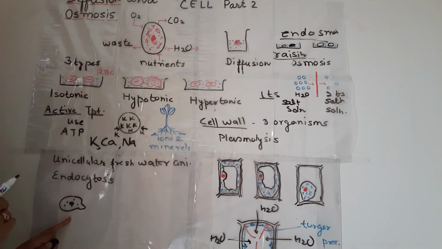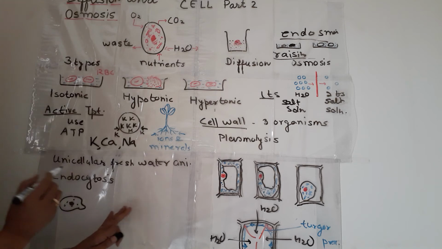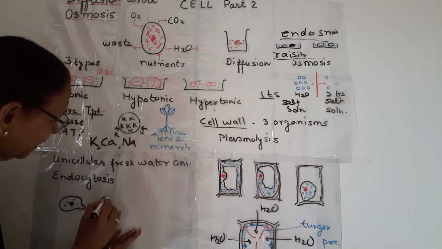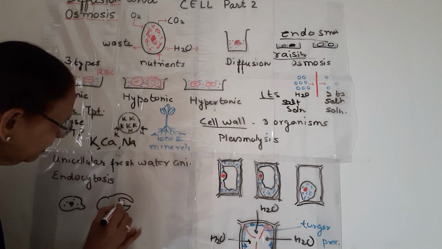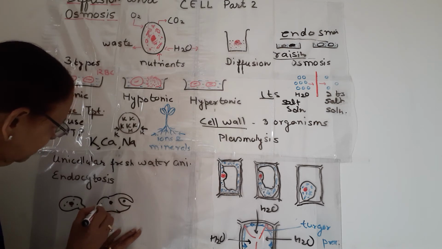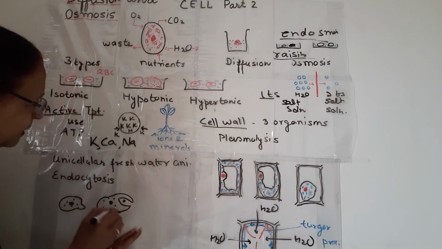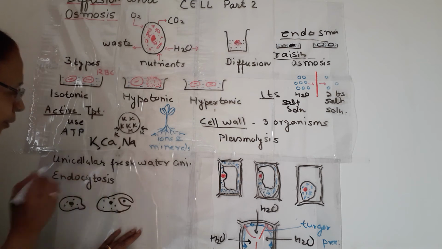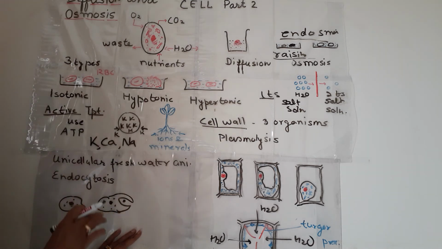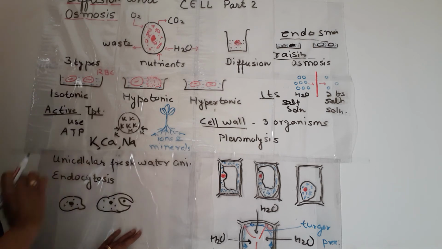This is amoeba, a unicellular organism. When a food particle is present near it, this is the nucleus, this is the cytoplasm, and this is the food particle. When the amoeba senses food particles, it produces finger-like projections known as pseudopodia.